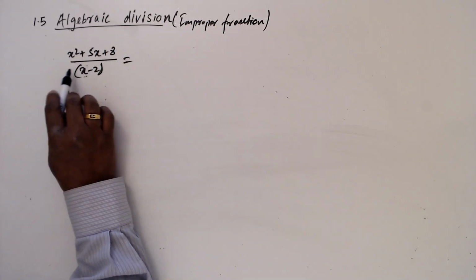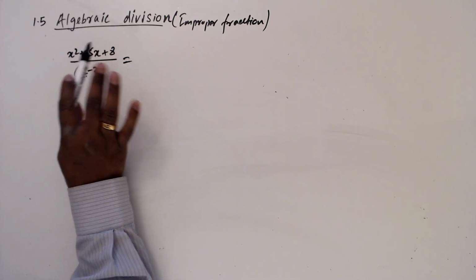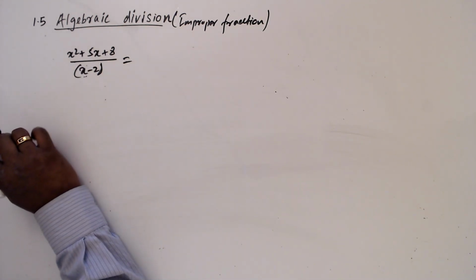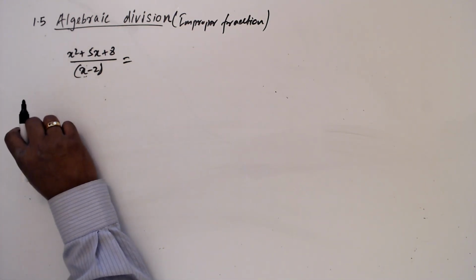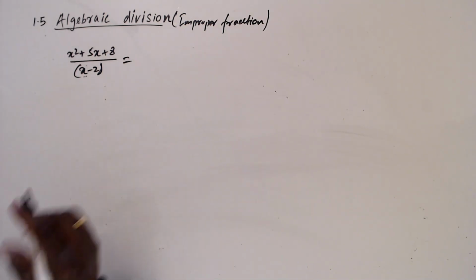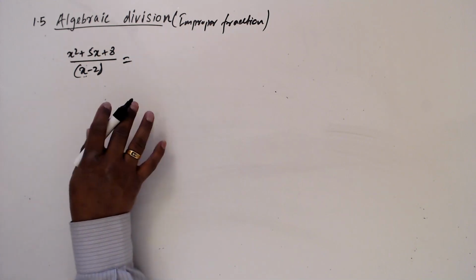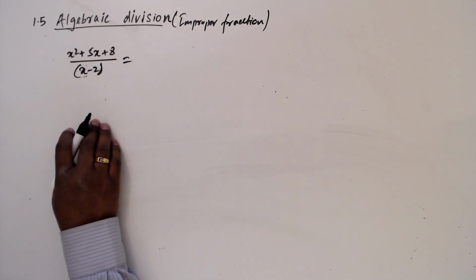Now it is clear that this is an improper fraction. Then we have to deal with something to make it proper. So these are the steps we should follow.